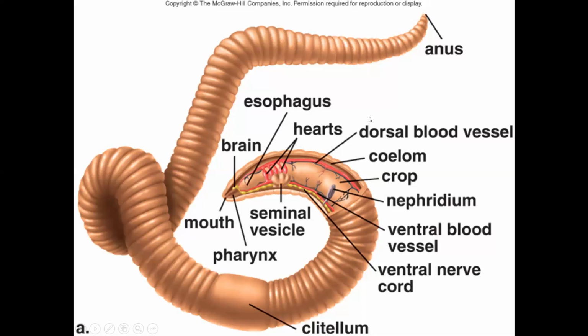Okay, so those are all things that if you were to dissect this, you would be asked to identify as part of your lab. And then of course we've got the anus at the whole end of the body. Kind of logically where we'd expect it, the mouth and the anus at opposite ends.